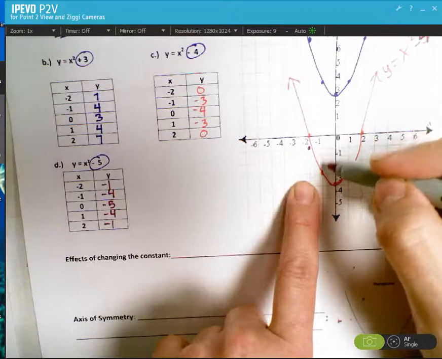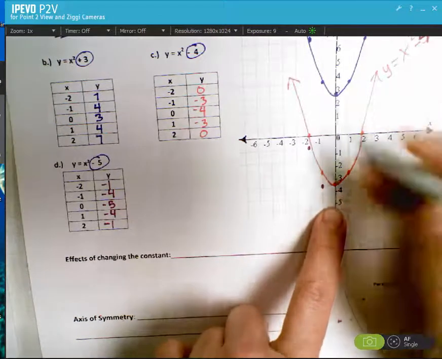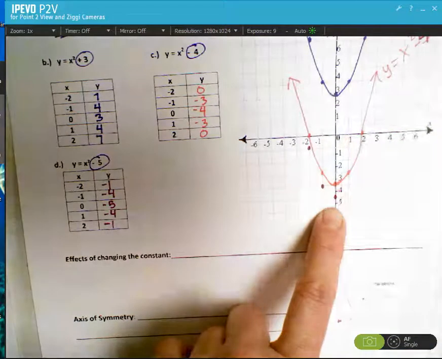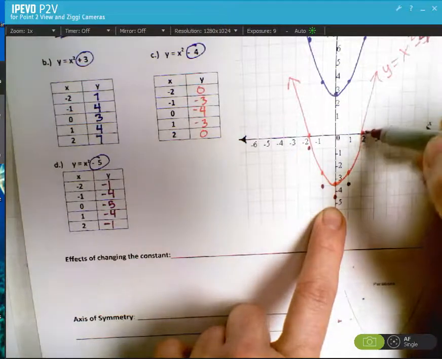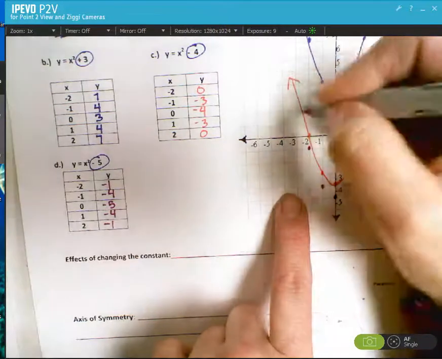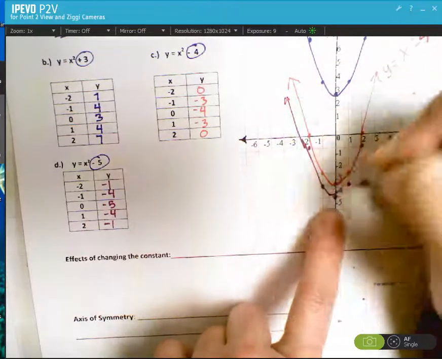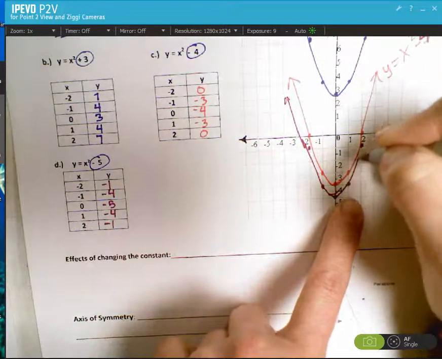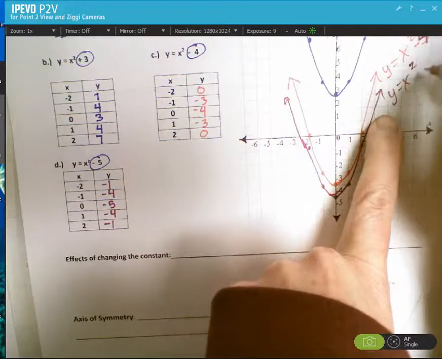Negative 1, 1, 2, 3, 4. 0, negative 5. 1, negative 4. And 2, negative 1. So we can see that shifting down one extra spot is going to shift slightly lower. Y equals x squared minus 5.